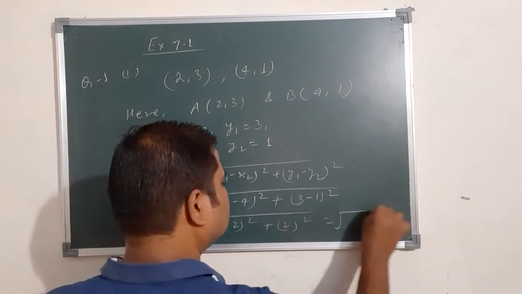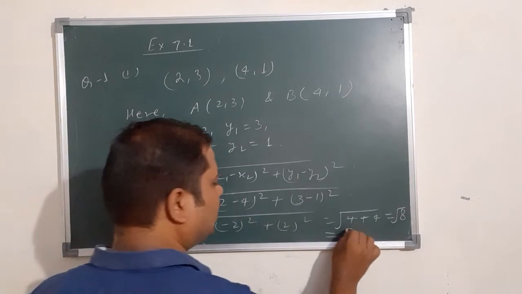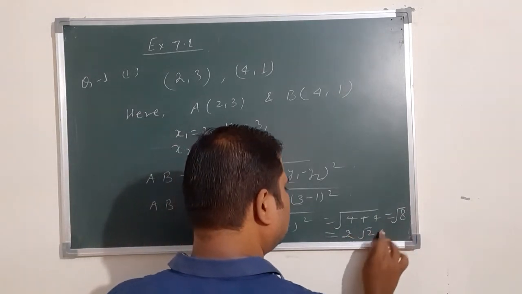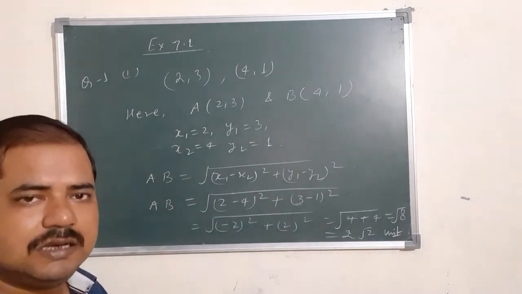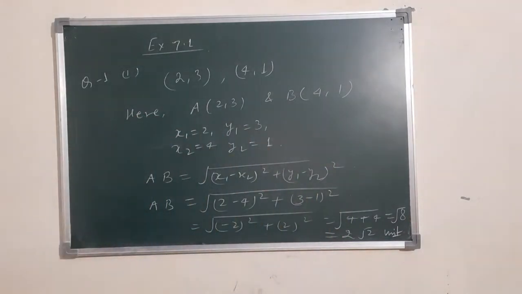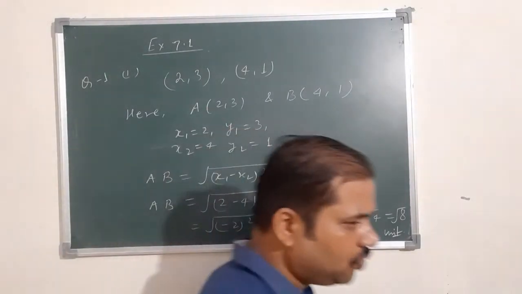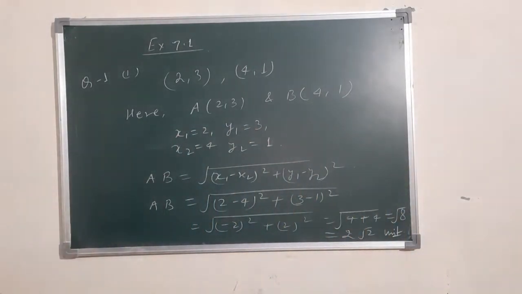This is 4 plus 4, this is root 8, and root 8 can be written as 2 root 2, and here you write unit because distance is in unit. Okay, so this is the first question based on this. Now we are going to discuss some more problems based on this particular distance formula.